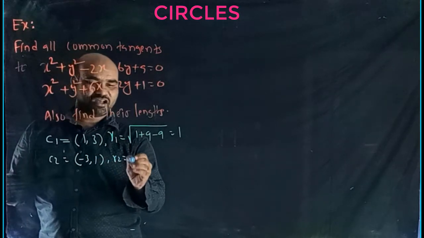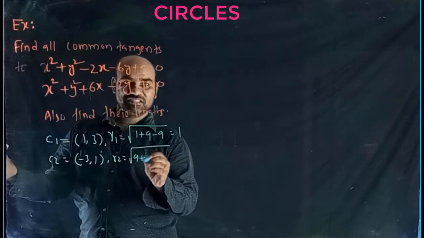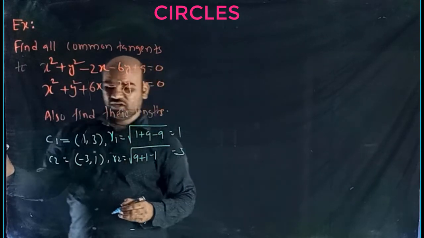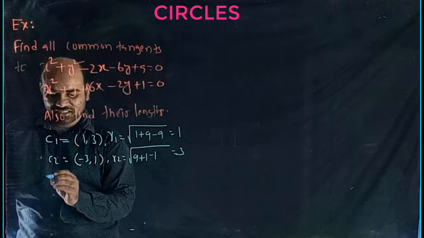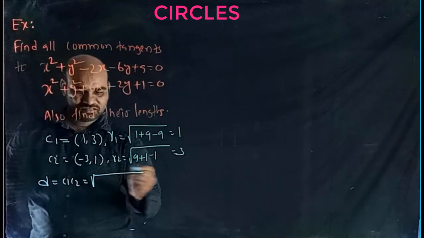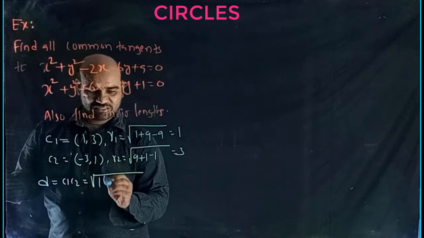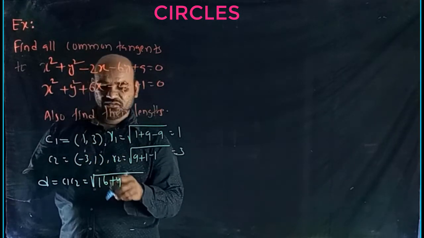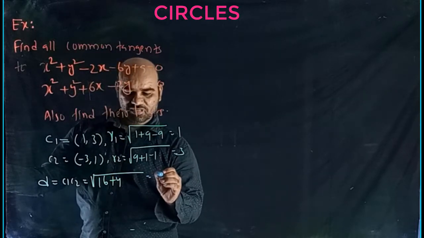Its radius R2 is root of 9 plus 1 minus 1, which equals 3. Next I want to find the distance between the centers, D. C1C2 equals root of (-3 minus 1) squared plus (1 minus 3) squared, that is root 20.